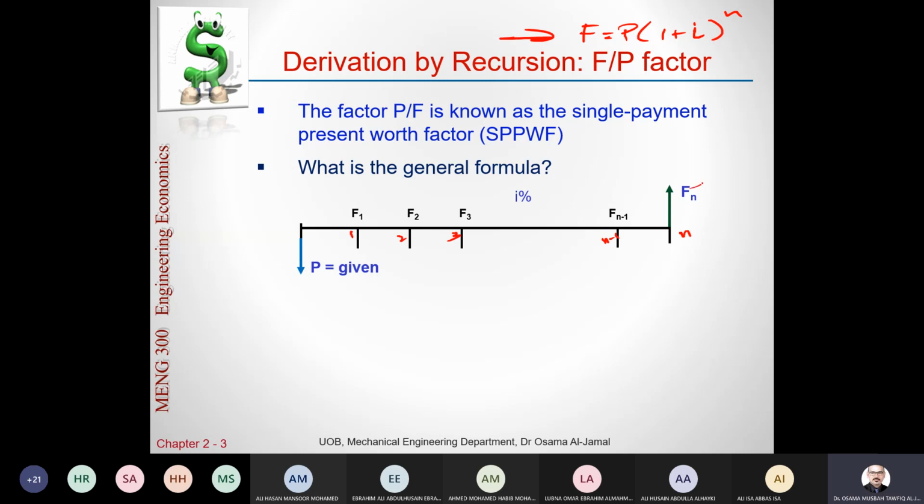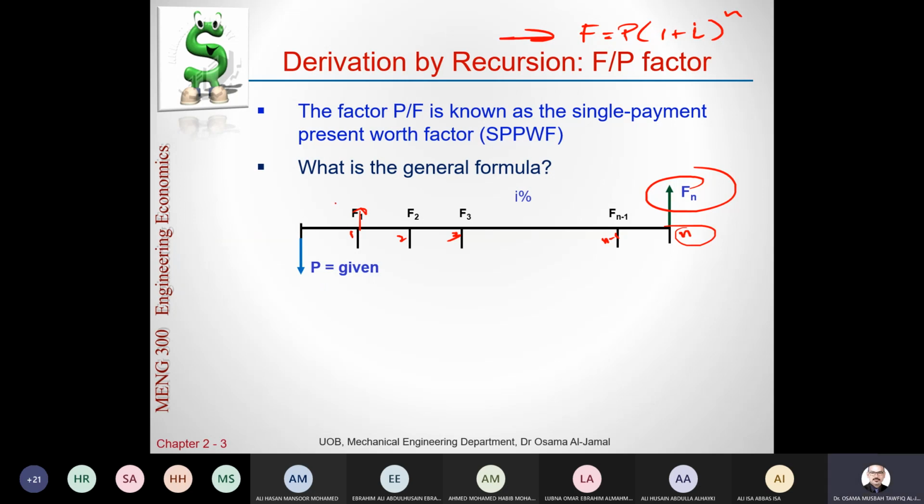How to find it at that period? Just imagine you're going to calculate F at year 1, then F at year 2, F at year 3, till you reach period n. We're not going to do this later on, but we want to derive a formula for it.